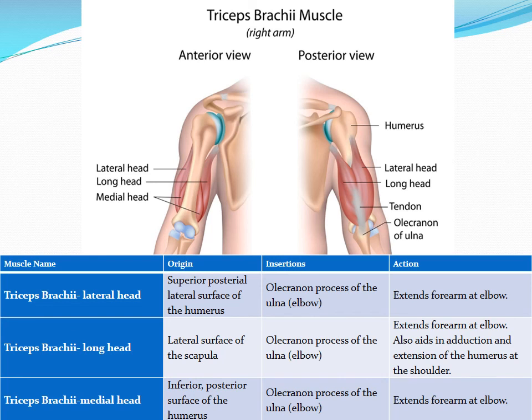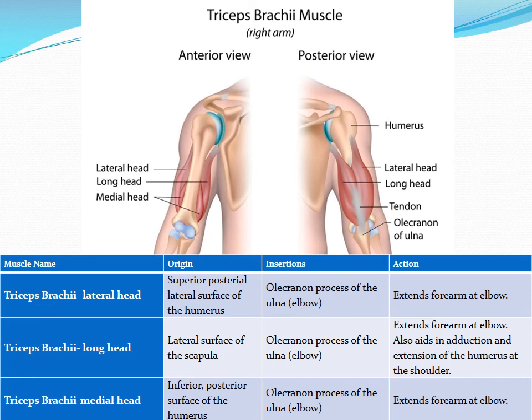Because the long head of the triceps will cross the shoulder joint, the long head will assist with extension of the shoulder. All three heads are going to come together to form a common tendon, and they will all attach to the olecranon process of the ulna.